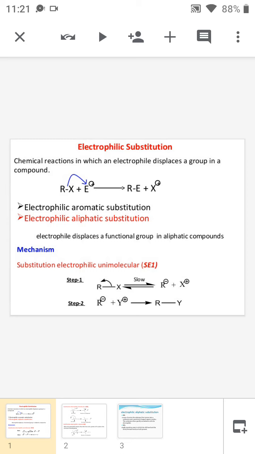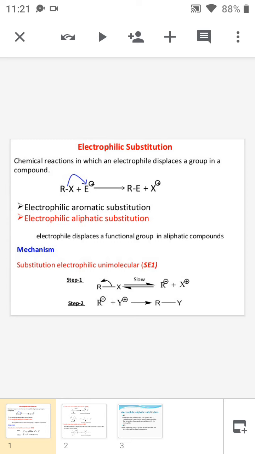So similarly, as in the case of SN1, the SE1 mechanism undergoes two steps. First one is the generation of the carbanion, and the second is the reaction of the carbanion with the electrophile. So let me move into the first example, substitution electrophilic unimolecular, represented as SE1.